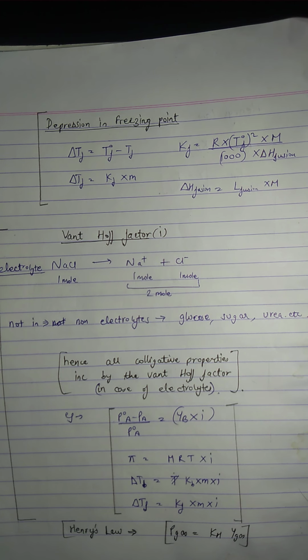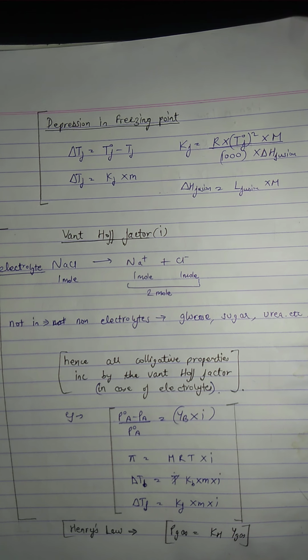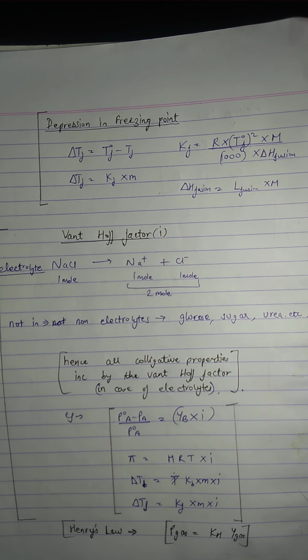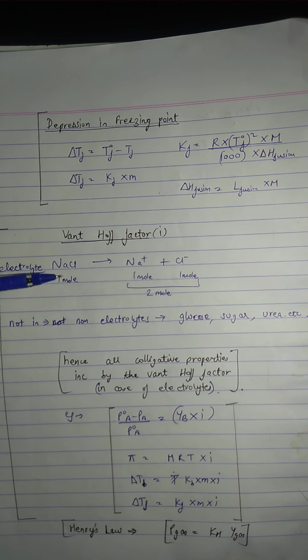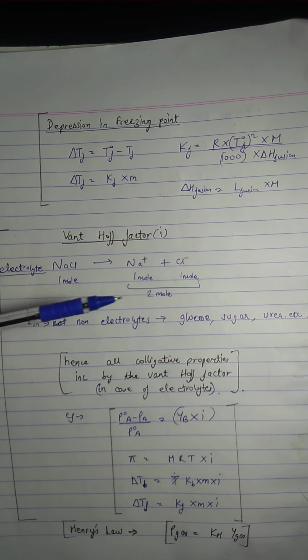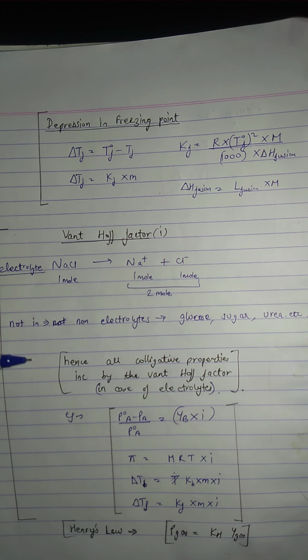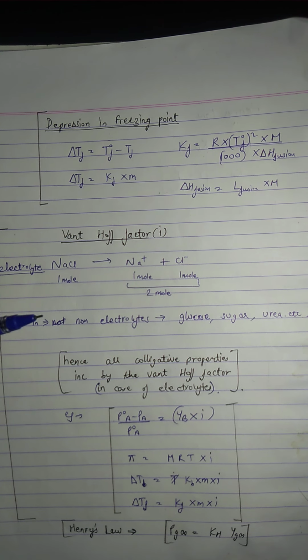For an electrolyte, for example NaCl, which is a strong electrolyte, basically electrolyte. So when in aqueous solution NaCl dissociates in Na plus and Cl minus, so 1 mole of NaCl forms 2 moles basically in solution. And since we know that the colligative property only depends upon the number of moles of particles or the solutes, hence when the number of moles of particles in the solution increases, then the colligative property also increases.